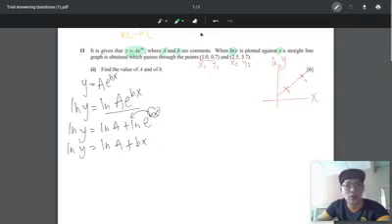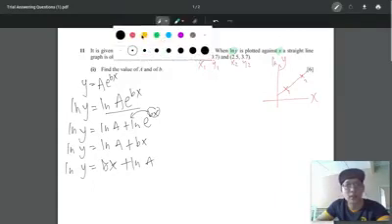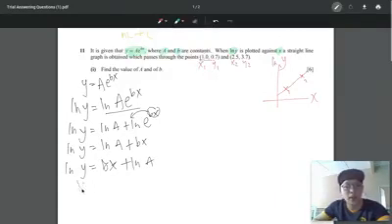Rearranging, ln y equals bx plus ln a. This is actually our y equals mx plus c. So this is our linear equation.